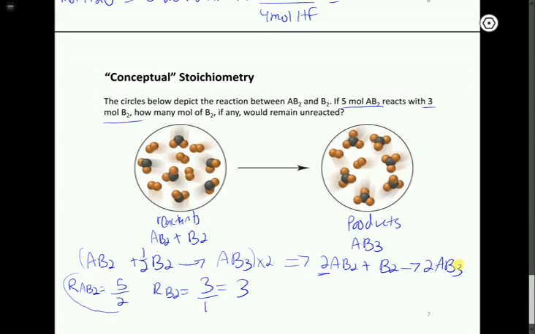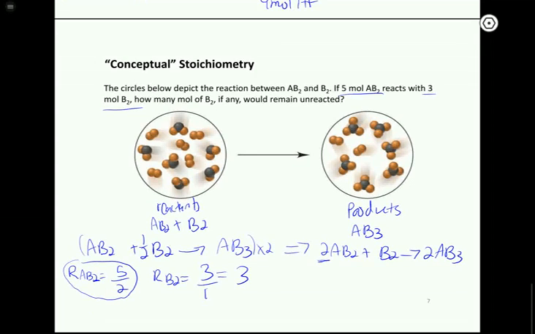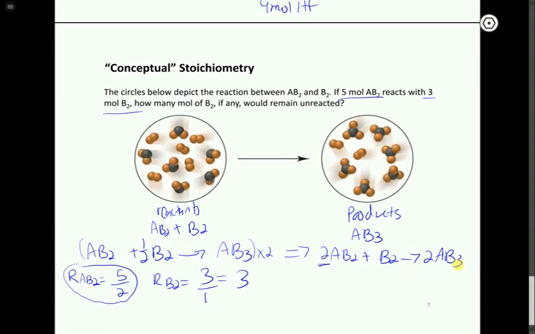So AB2 is limiting, which means we are going to have some excess B2, and we want to know how many moles are unreacted. So for the moles of B2 that are consumed in this reaction, we know that we have 5 moles of our limiting reactant, which is AB2.